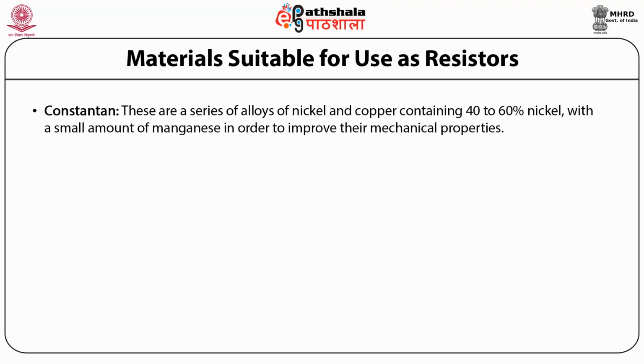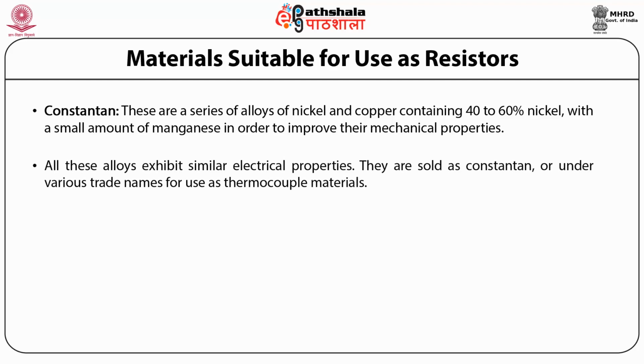These are basically a series of alloys of nickel and copper containing 40 to 60% nickel with a small amount of manganese in order to improve their mechanical properties. All these alloys exhibit similar electrical properties. They are sold as constantan or under various trade names for use as thermocouple materials.